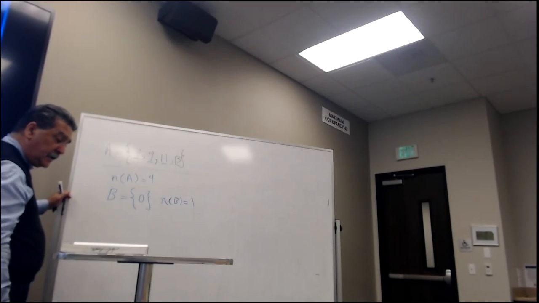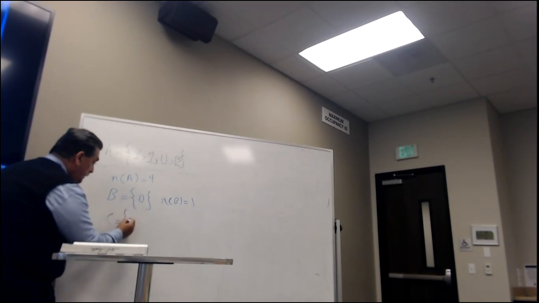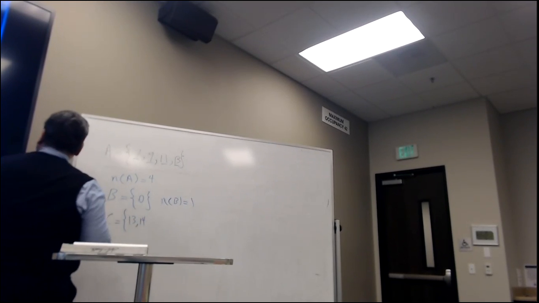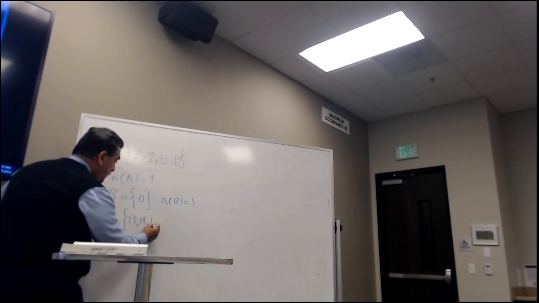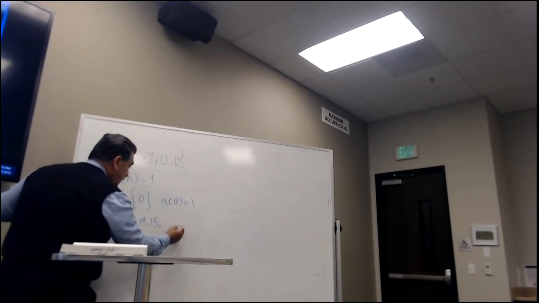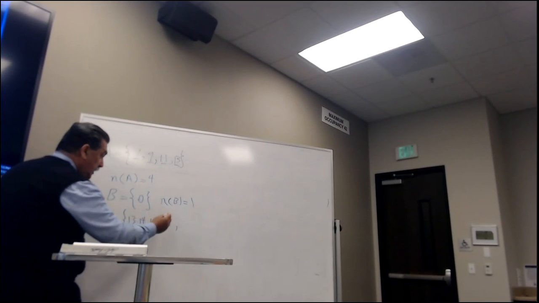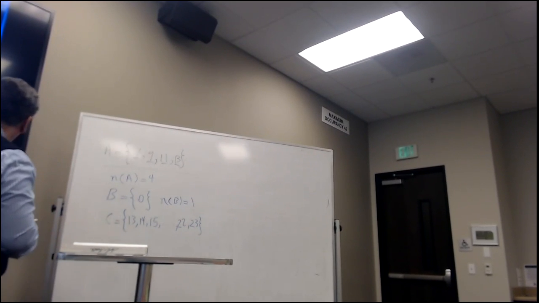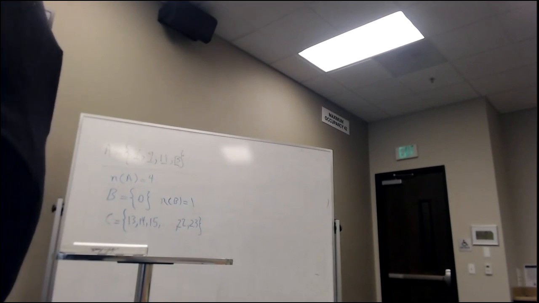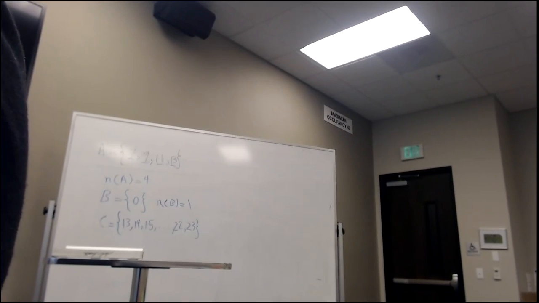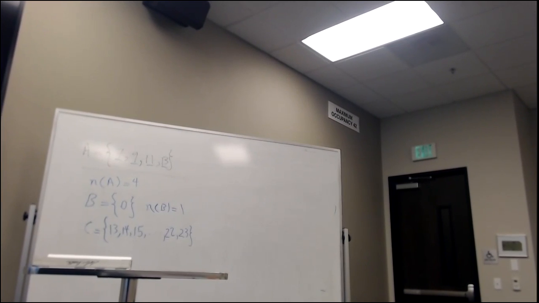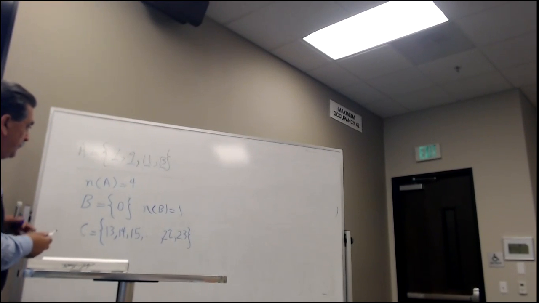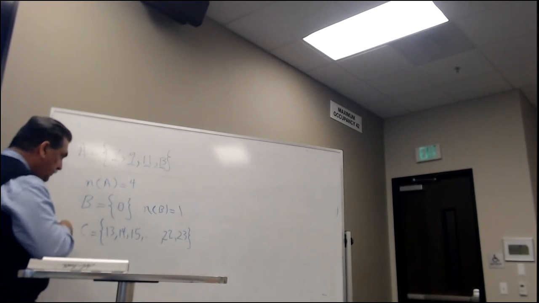Look at set C. It starts with 13, 14, 15, then 3 dots and goes to 23. Now, what do these 3 dots mean?